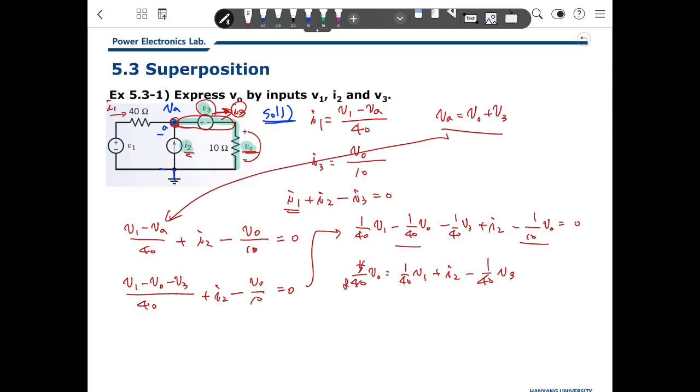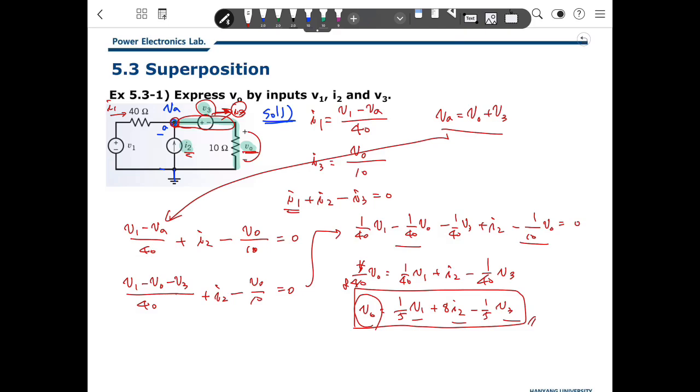Based on here, VO will be 1/5 of V1 plus 8 I2 minus 1/5 V3. So this is the result. We defined VO by the inputs V1, I2 and V3. In this way, we can get the result here.